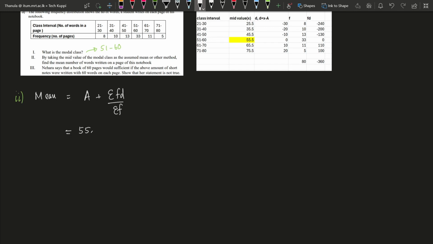A means 55.5. Sigma fd is negative 360 divided by 80, right? It's 4 times 2, it's 4 times negative 9. So this would be 55.5, right? Plus negative 4.5. 9 over 2 becomes negative 4.5.